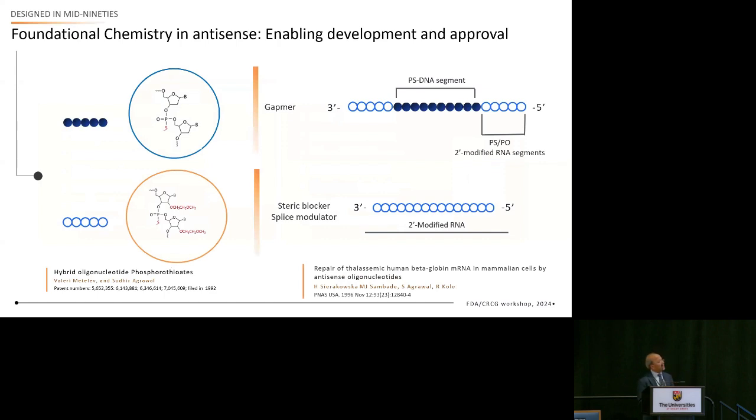The top one is a mixture of RNA and DNA in one. RNAs are placed at the ends, DNA is placed in the middle, and the bottom one is completely RNA for splice modulation. So these two chemistries were introduced in the mid-90s, and are now the foundation for all the drugs being approved based on the antisense platform.